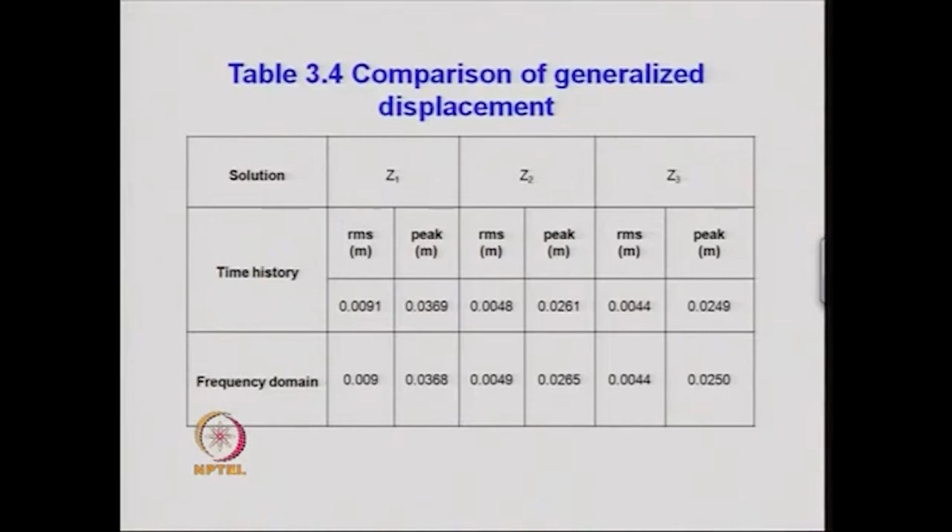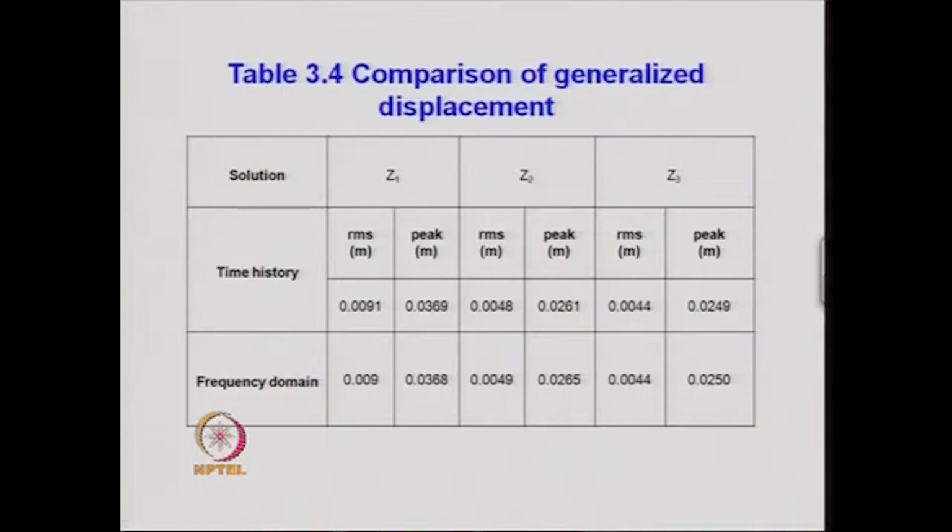In this particular example, we have taken all the 3 modes, and the solutions obtained from the time history and frequency domain analysis were compared over here, and we can see that both in terms of RMS value and the peak value, the results are matching quite well.